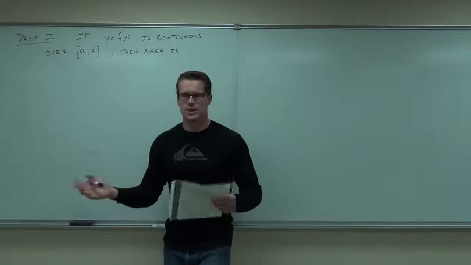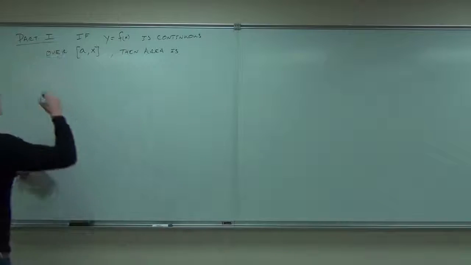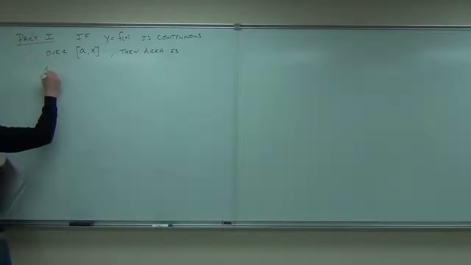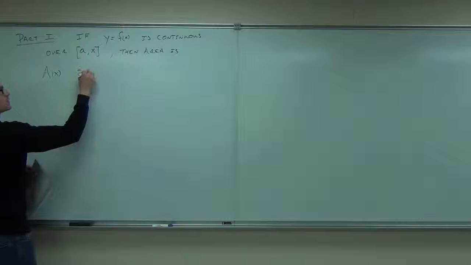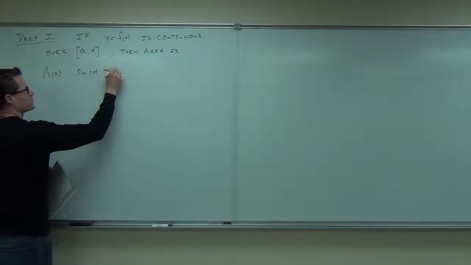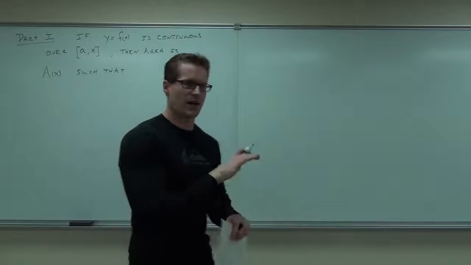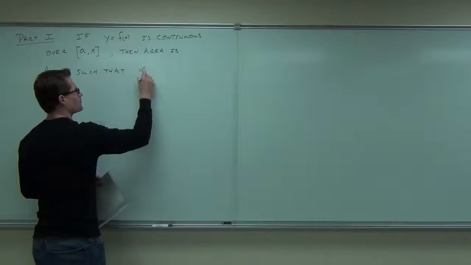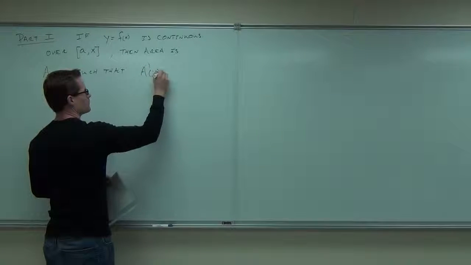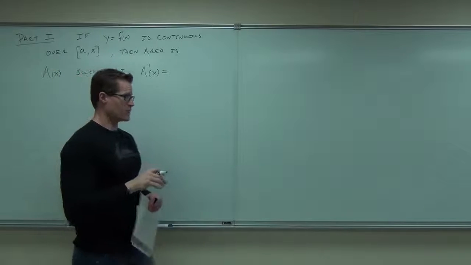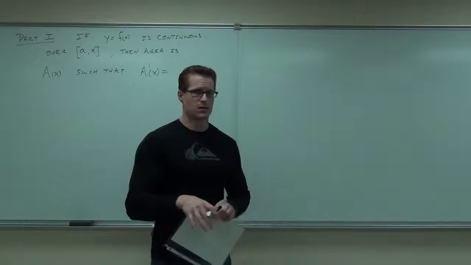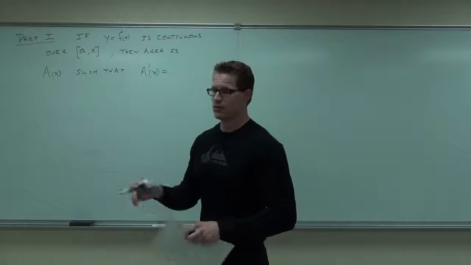Then the area is A of x. We already know that. Area is going to be some area function such that when I take the first derivative of my area, what does it have to give me in this case? Say it again. Very good.